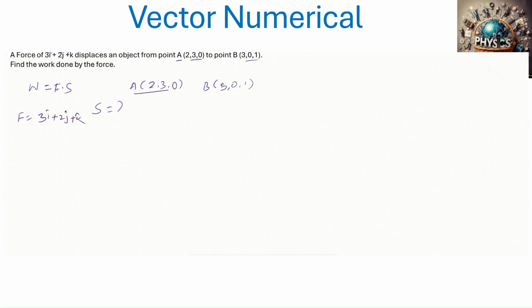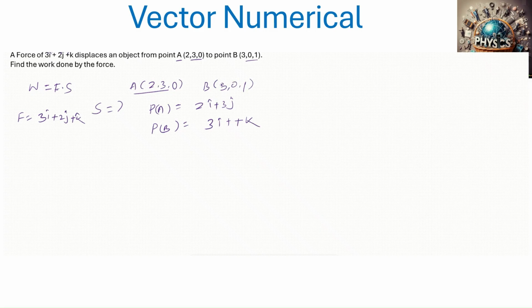We can say the position vector of A is 2i plus 3j plus 0k. And similarly, the position vector of B equals 3i plus 0j plus, the last one is 1, so this is k.